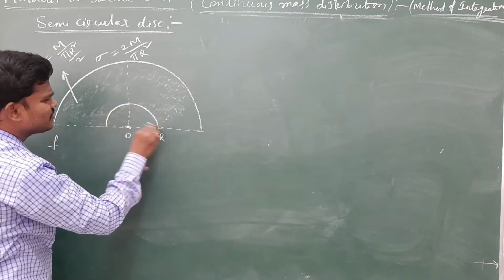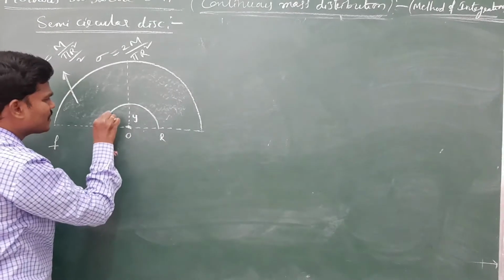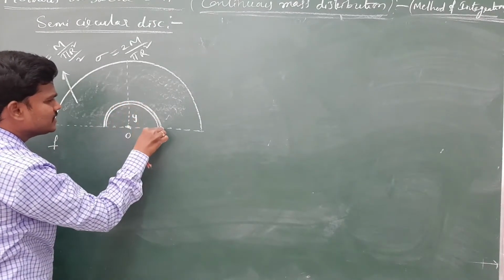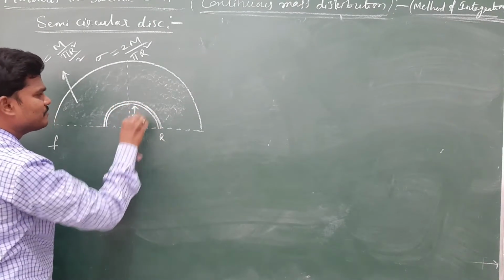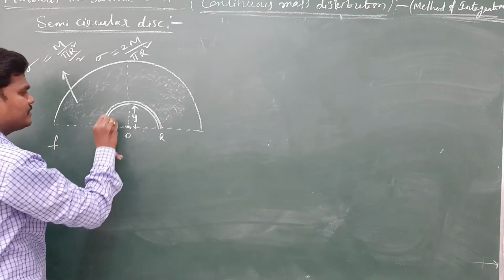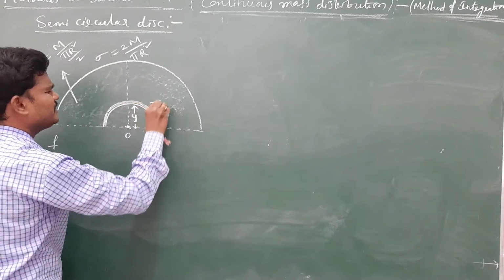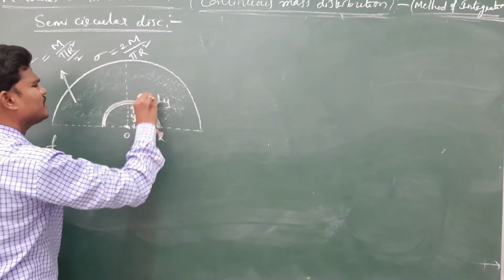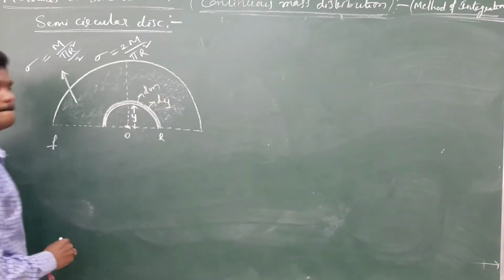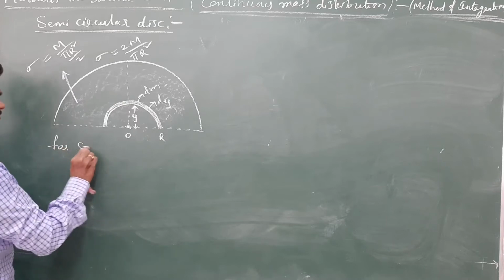So let me take the y coordinate like this. At a distance of y, I am taking a small part. See, this is the small part, and its thickness is dy, and this part of mass is dm.